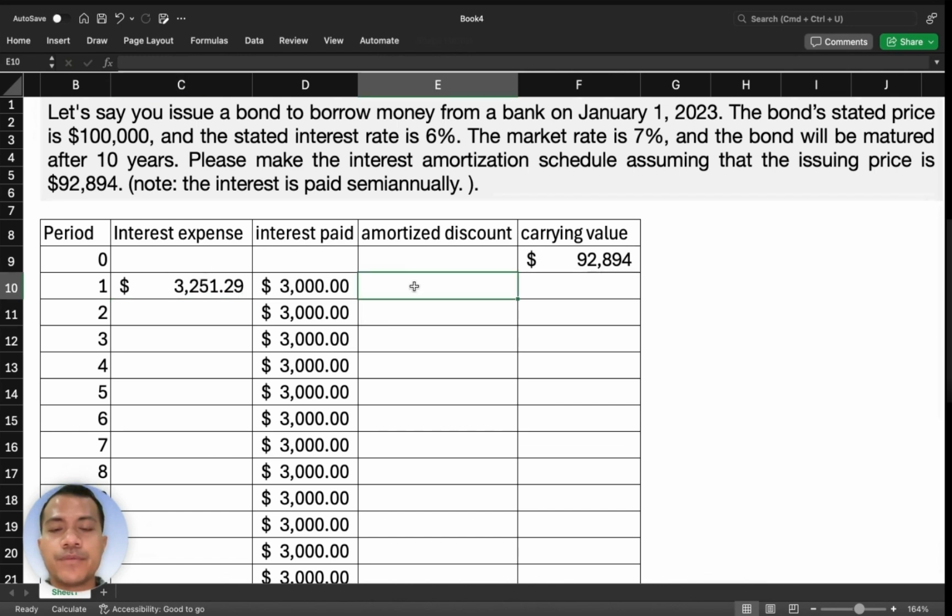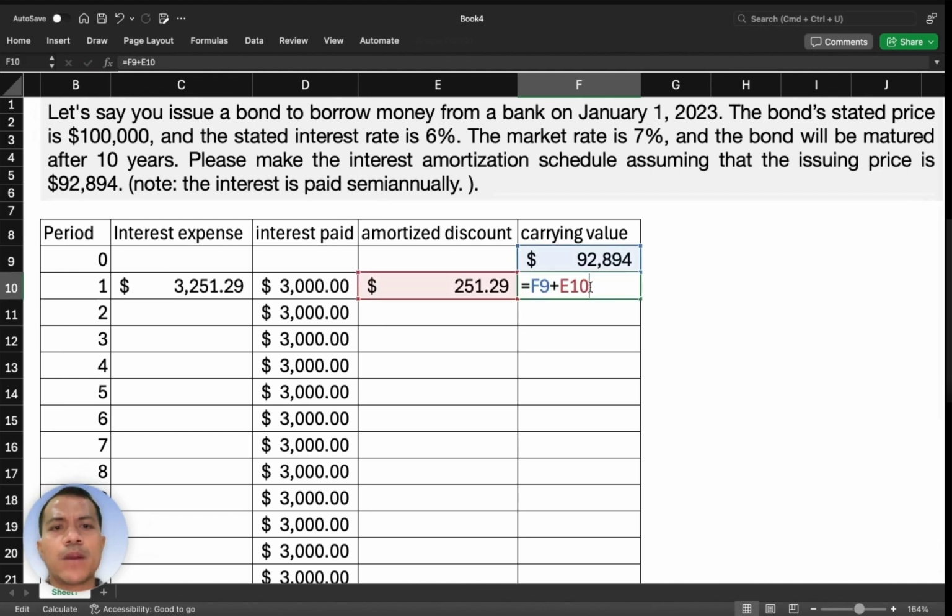Then you calculate the amortized discount, which is the difference between the interest expense and the interest paid, and you get 251.29. Then the carrying value after the first interest payment is 93,145.